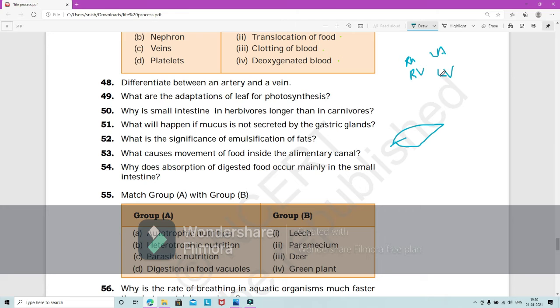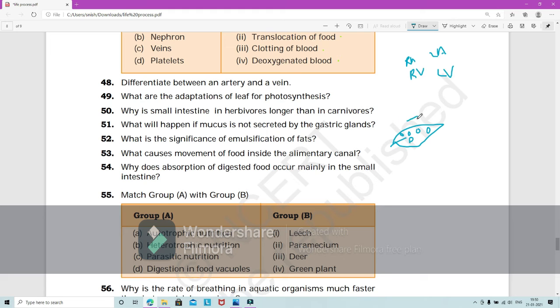That is the first thing. Secondly, chlorophyll will be there in the leaves, in the chloroplasts, to trap the sunlight. Next, there are stomata, right? The opening of stomata, so that there will be exchange of gases, transpiration will take place, and all of those things will occur.